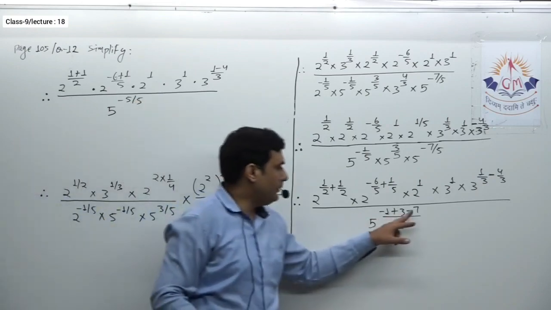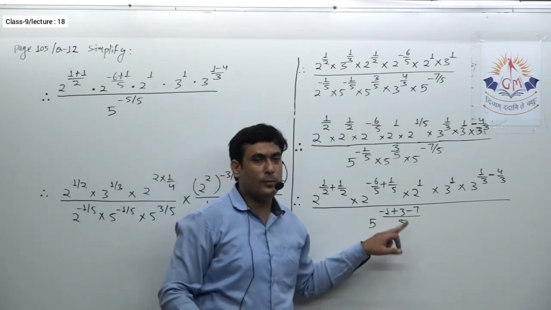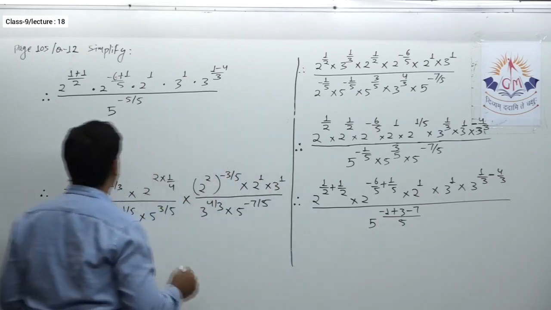Minus 1 minus 7 is minus 8, minus 8 plus 3, that is minus 5 upon 5.